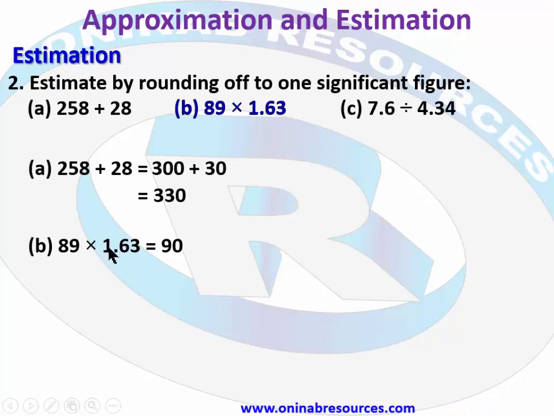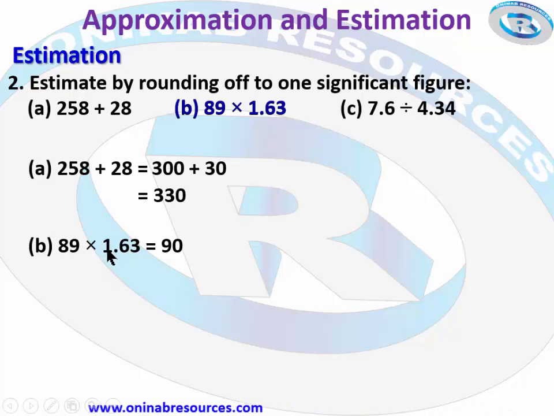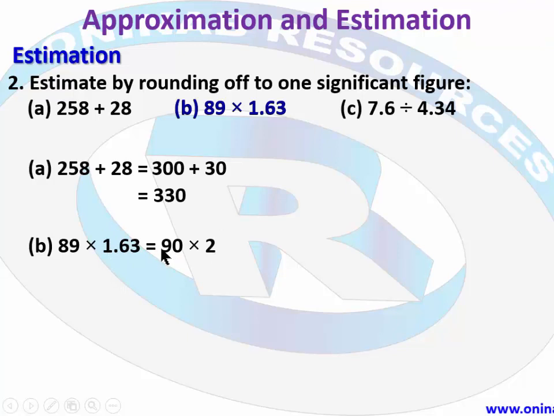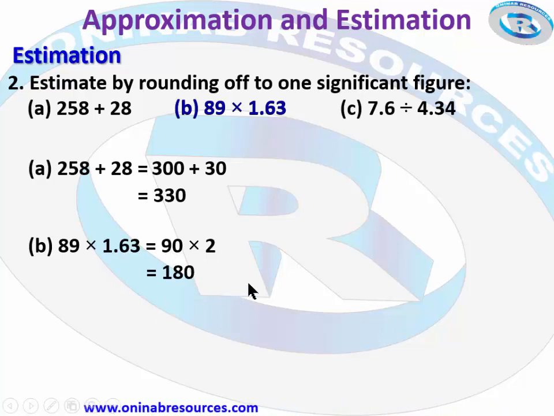We are rounding it up to become 2.00, and we said zeros after the decimal point are negligible, so we have it as times 2. 9 times 2 is 18, therefore 90 times 2 is 180.